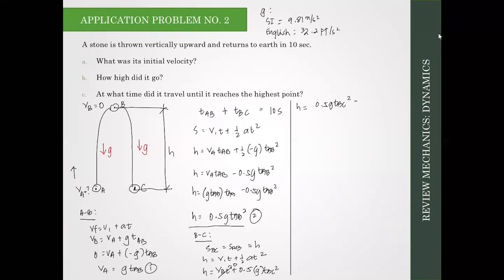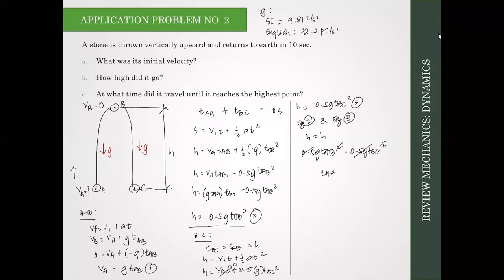Equation 3 natin, pero pwede natin i-relate si equation 2 and equation 3. Since para silang H, so sabihin, H is equals to H, so 0.5 G TAB squared is equals to 0.5 G TBC squared. Magka-cancel out yung G, yung 0.5, then yung squared.